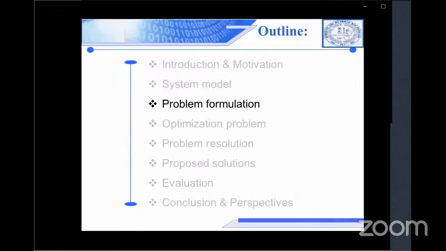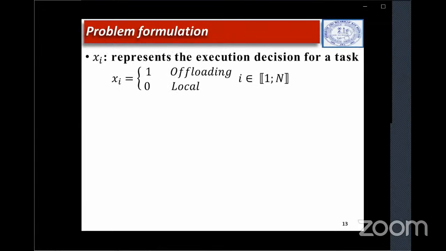Now we will move to the problem formulation. In the problem formulation, we use the following notations. Xi represents the execution decision for a task. Xi equals 1 offloading, equals 0 local.